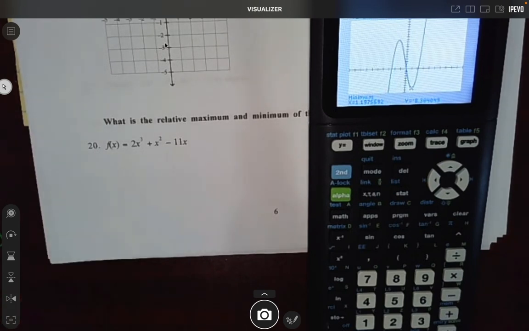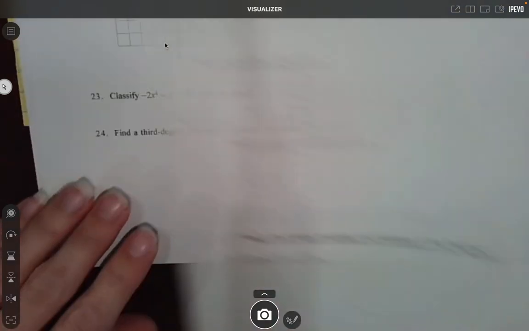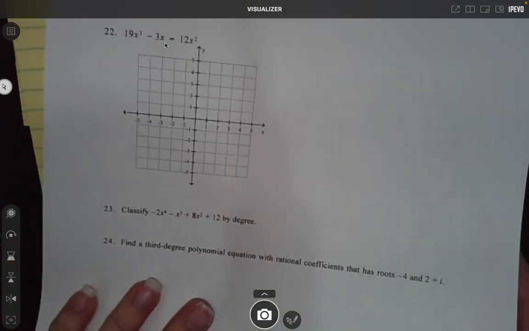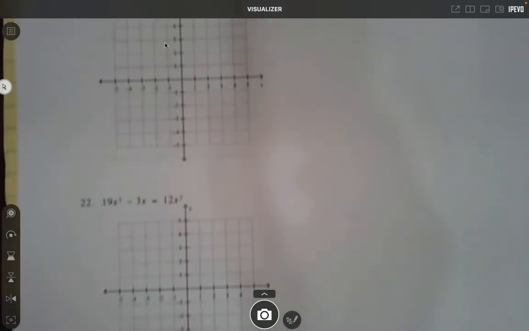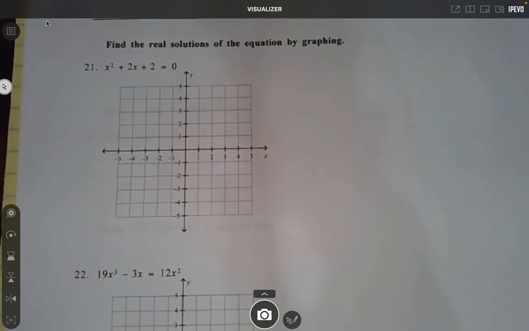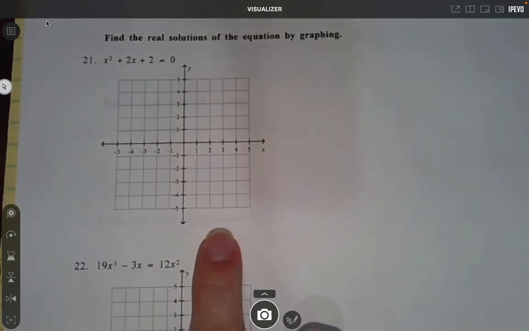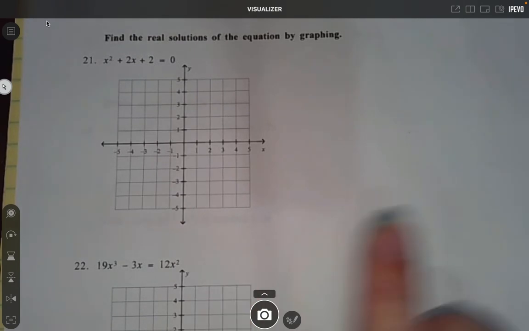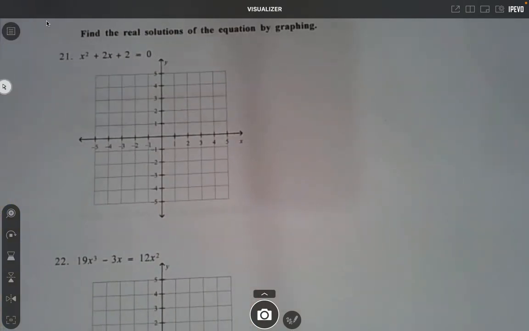All right, number 21. I'm betting for like 21 and 22, I think I just put 21 on there. So do I need to do 22 or do y'all just want me to do 21? Just do 21. Okay. Let me make sure.